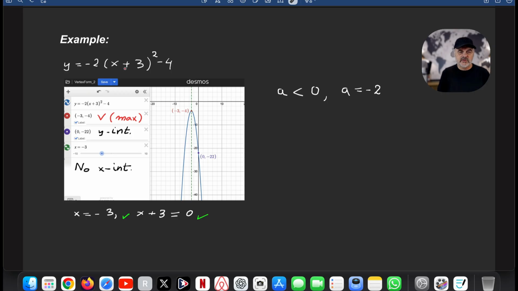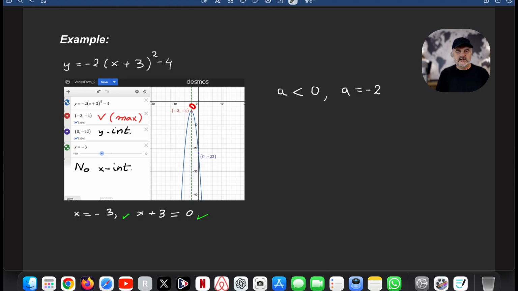The axis of symmetry coincides with the x-coordinate of the vertex, so it is at -3. Hence you see the line right here splitting the parabola into two equal parts. The y-intercept, if you choose to find it, you put 0 for x, you do the calculation, and you get -22.